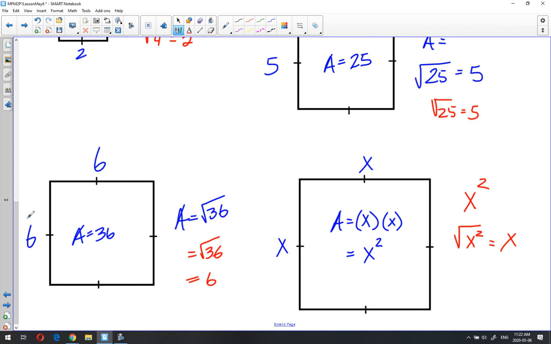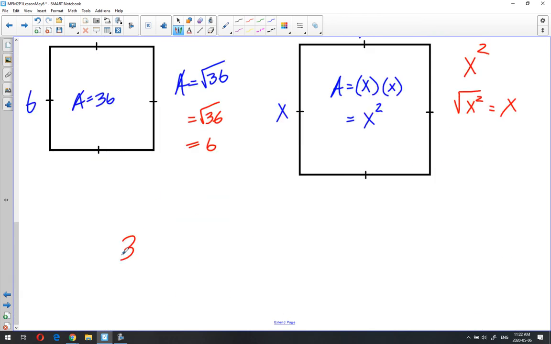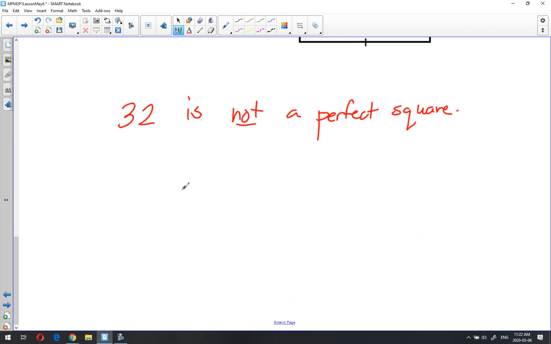A number that isn't a perfect square would be something like 32. 32 is not a perfect square, and the reason is that there are no two whole numbers that are the same that multiply to give you 32. 32 could be 1 times 32, 2 times 16, 4 times 8.